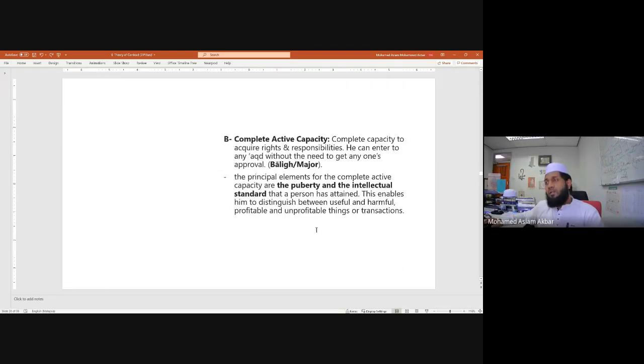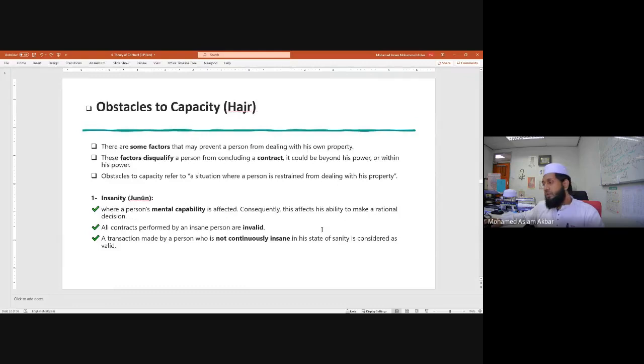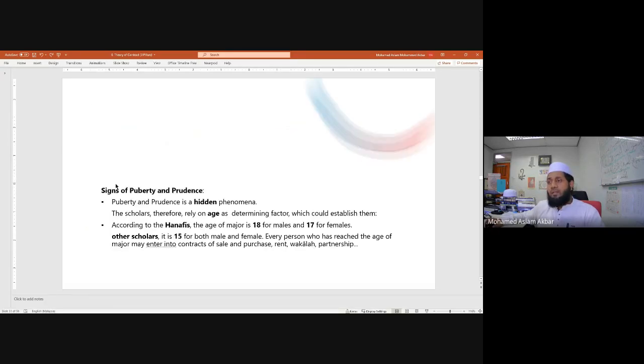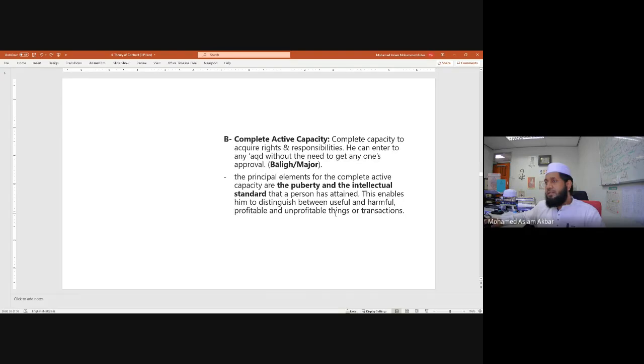Okay, so next we need to talk about the obstacles to capacity. This is the continuation of what we discussed earlier. In the last part we discussed that the principal elements for complete active capacity are puberty and the intellectual standard.